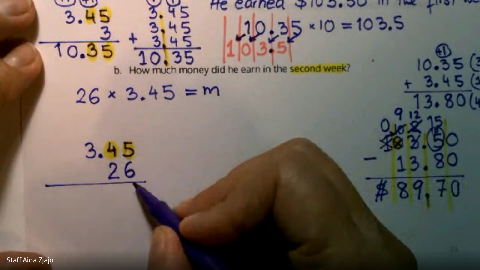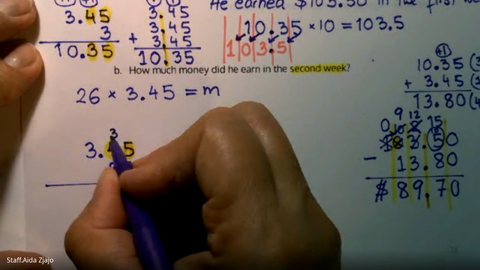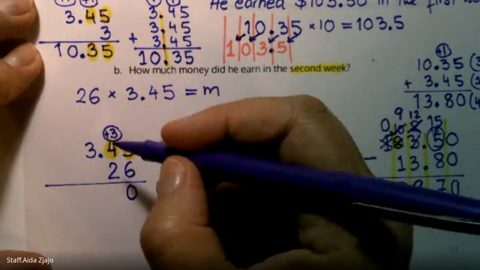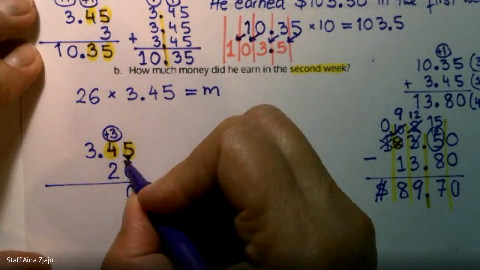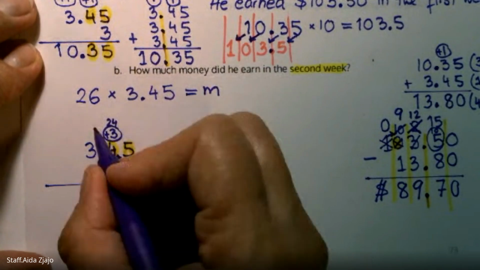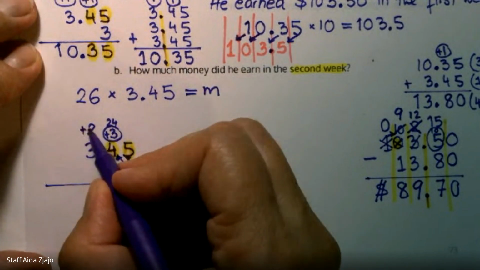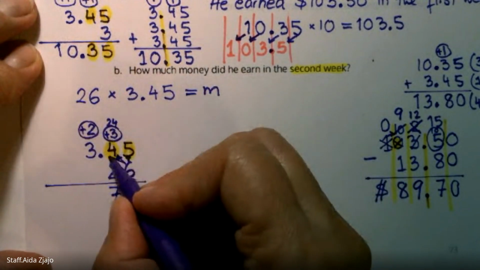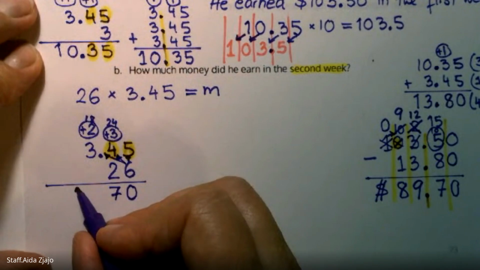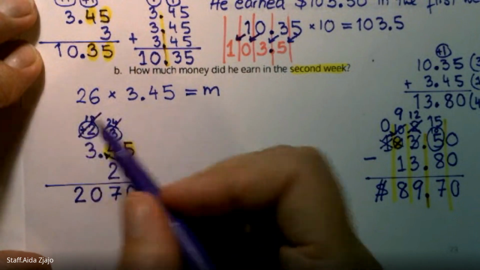Okay, so 6 times 5 is 30. 0, I remember 3. Now 6 times 4 is 24, plus 3 is 27. Now 6 times 3 is 18, plus 2 is 20. I'm done with this.